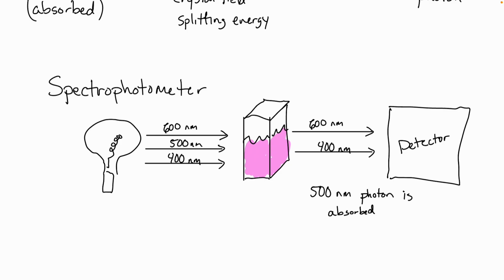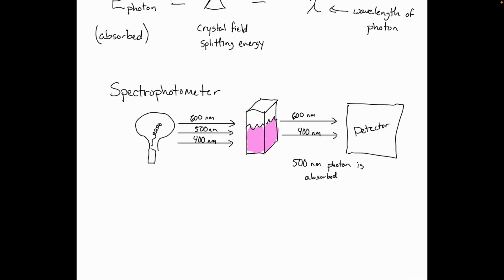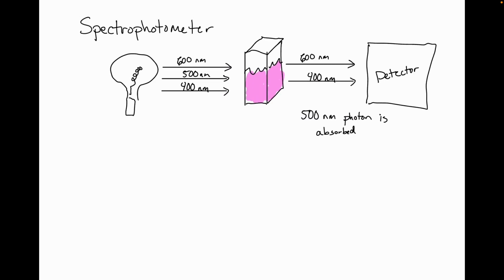All right, and again, so why is that so cool? Because then you can say, well, if that photon got absorbed, that's equal to my crystal field splitting energy. Now I know the difference between those orbitals in my hexaaqua titanium 3. Right, so now we're going to use this equation for this photon, hc over lambda, in order to figure out our crystal field splitting energy.